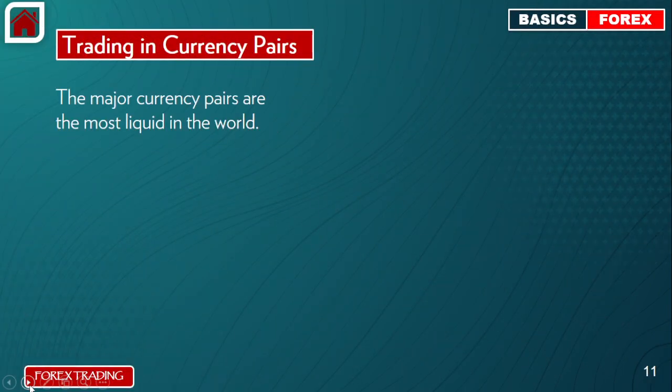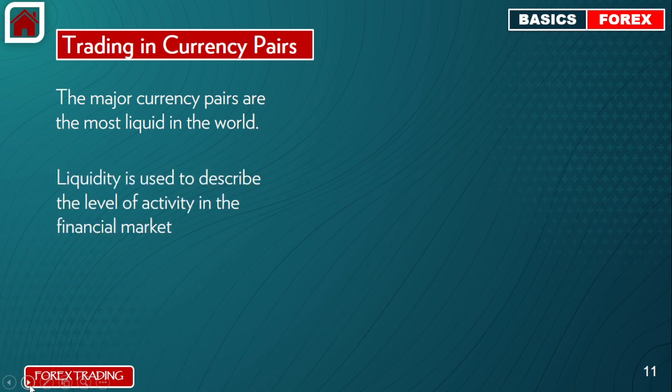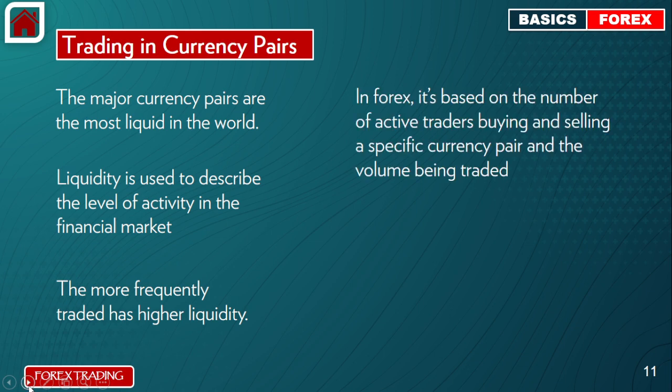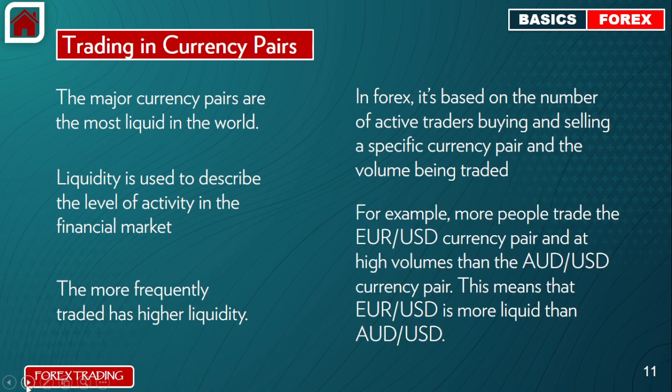The major currency pairs are the most liquid in the world, and liquidity is used to describe the level of activity in the financial market. Whenever there is a trade going on, these major currency pairs provide the most liquidity in the forex market, and the more frequently traded, the higher the liquidity. In forex, it is based on the number of active traders buying and selling a specific currency pair and the volume being traded.